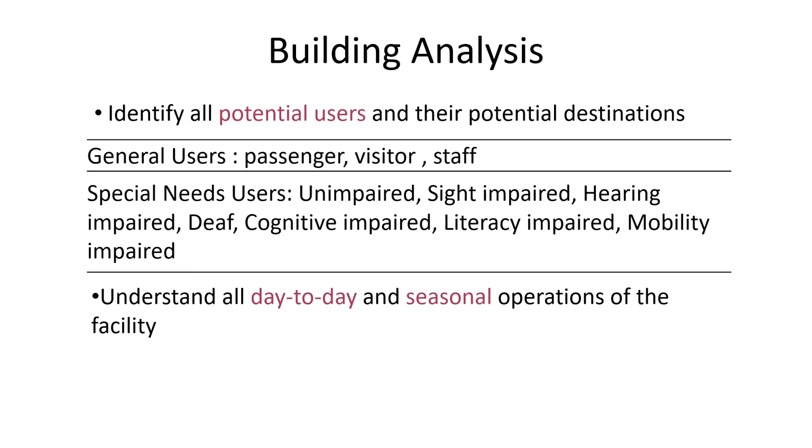Now, understanding the day-to-day and seasonal operations is paramount when designing signage and wayfinding systems for any facility. This knowledge allows us to tailor solutions to meet the dynamic needs of the environment, ensuring optimal functionality and user experience.